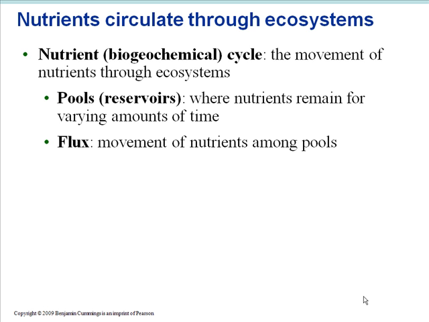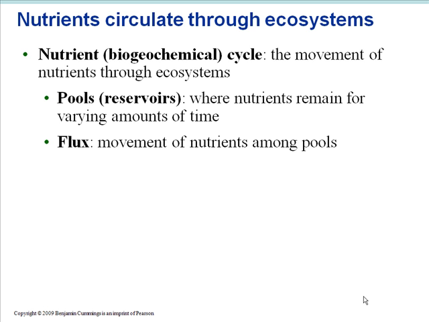When we're looking at the biogeochemical cycles, we can talk about pools and fluxes. A pool is a reservoir, okay? It's a temporary storage area for the nutrient. So it's a place where the nutrients remain for a certain amount of time.